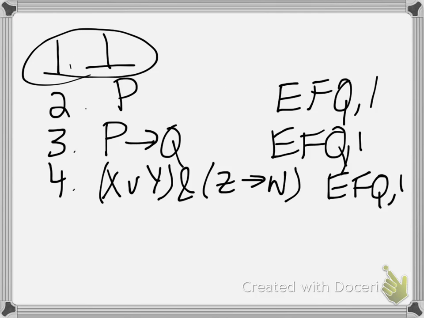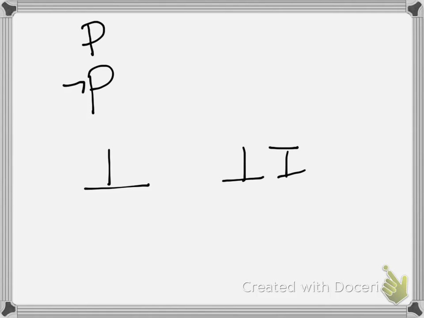So, how did we get the falsum here? Well, we had some formula P and some formula not P, and then we can do falsum introduction. That's the only way the falsum could have gotten into our proof.